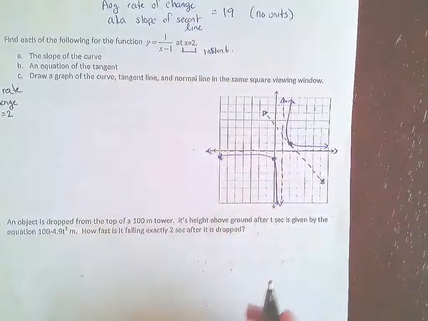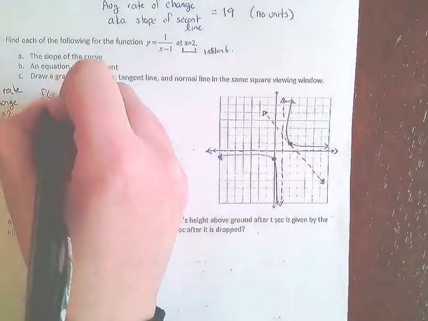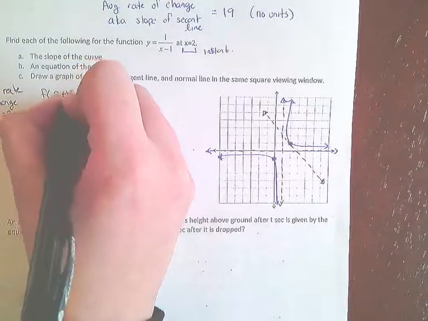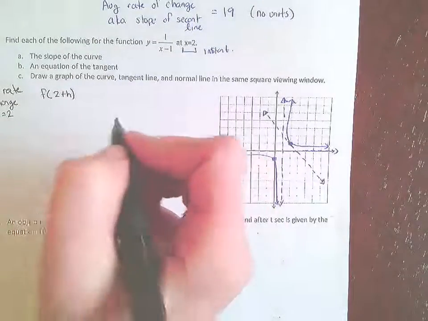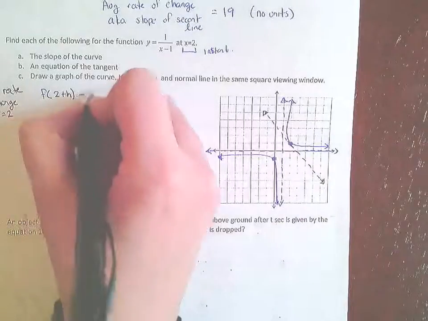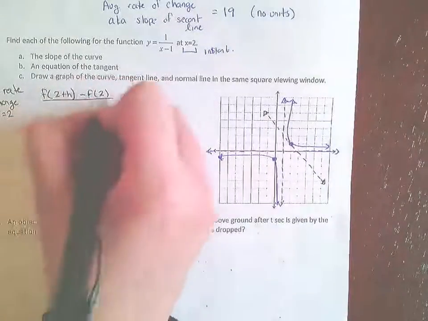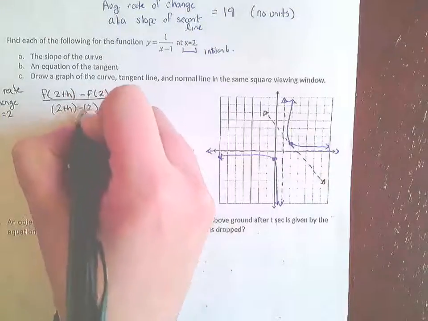at x equals 2. So we know that it's f of 2 plus h, remember that h is a small amount, around 2, minus f of 2, over 2 plus h minus 2.